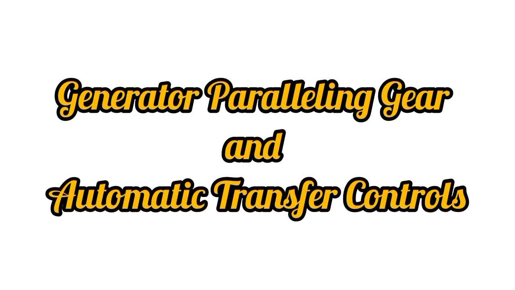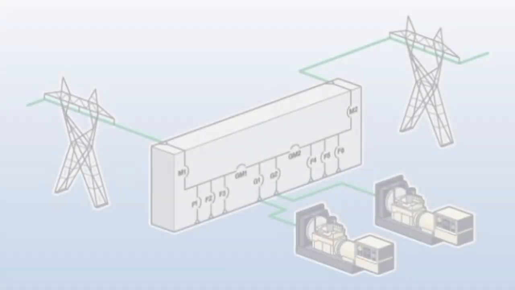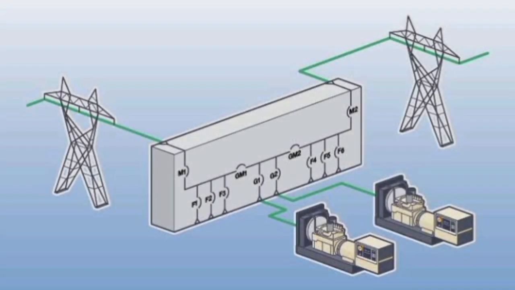Generator paralleling gear and automatic transfer controls. Utility power is not guaranteed. If a grid outage occurs, backup generators must take over. In smaller installations, an automatic transfer switch (ATS) detects utility loss and transfers load to generators.